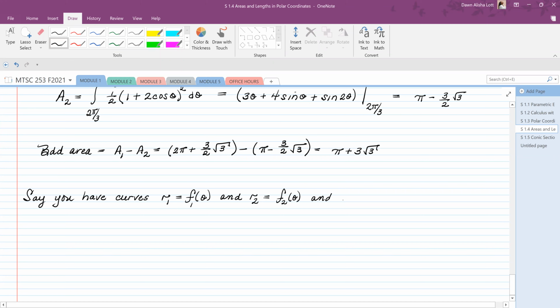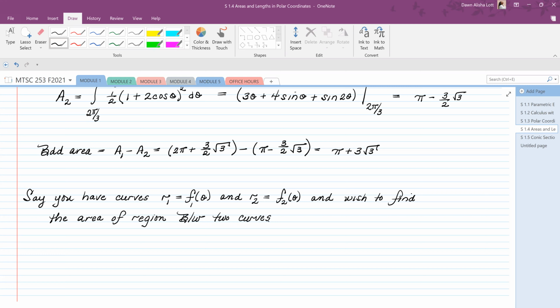And you wish to find the area of the region between the two curves. So I have something that looks like this.